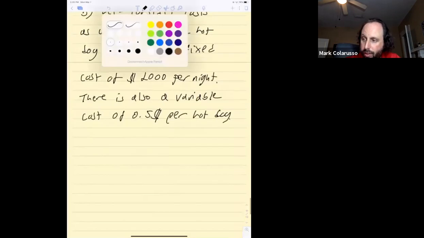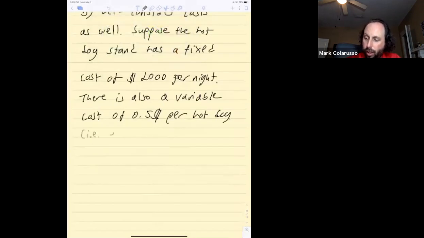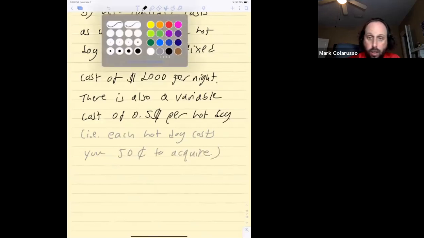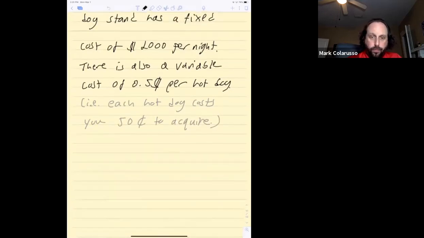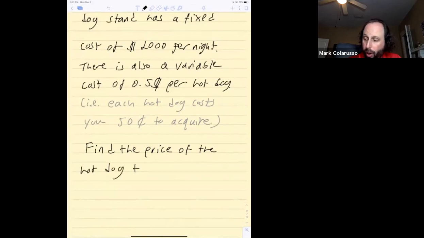In other words, each hot dog costs you 50 cents to acquire. Okay? Now we want to find the price of the hot dog that will maximize our profit under this situation.